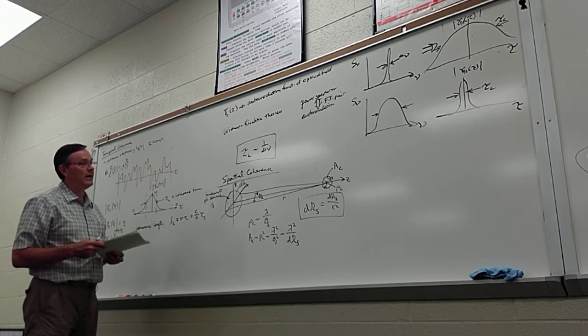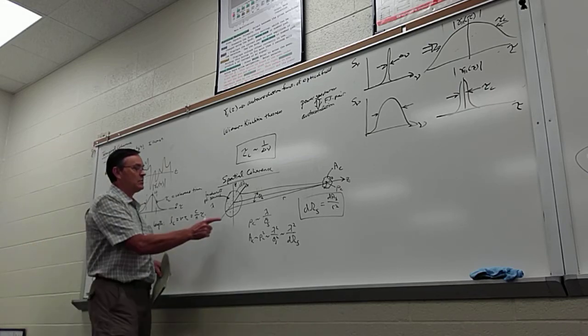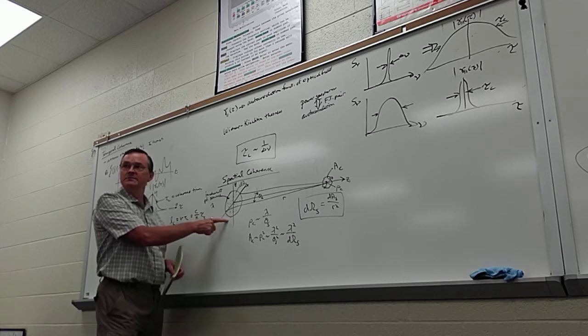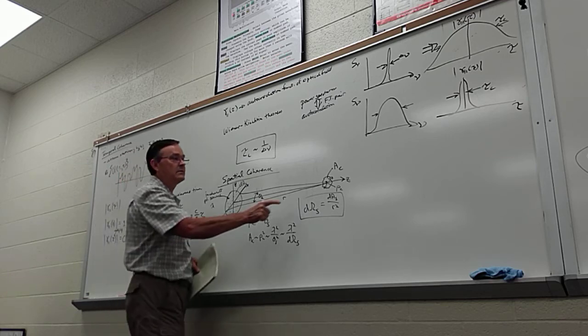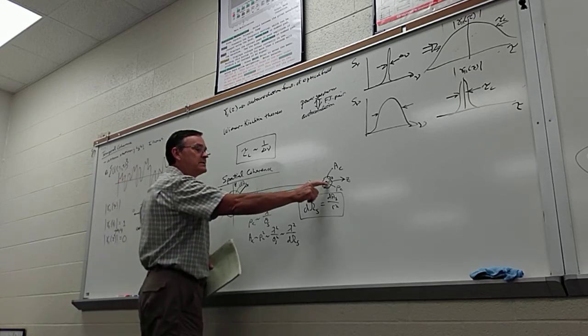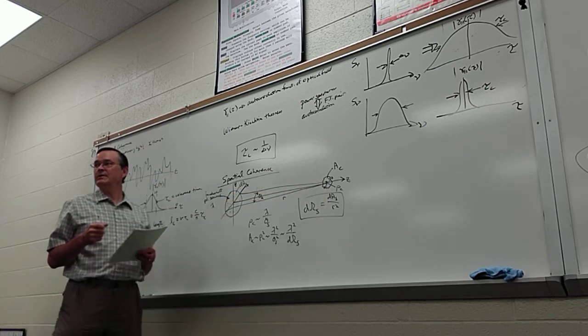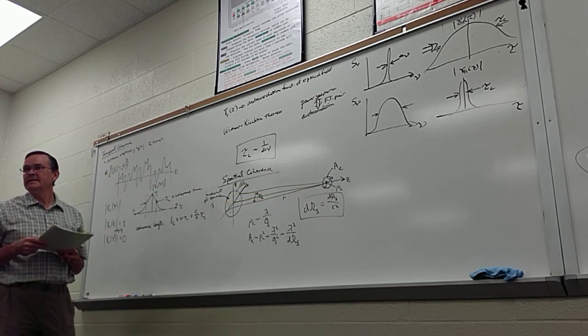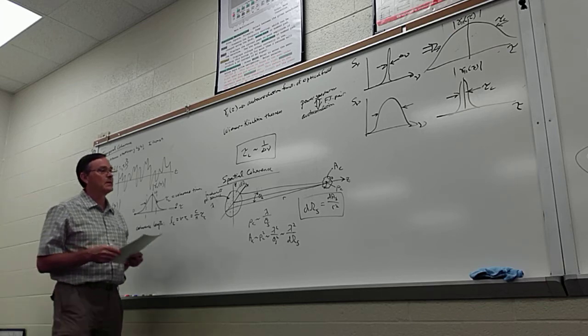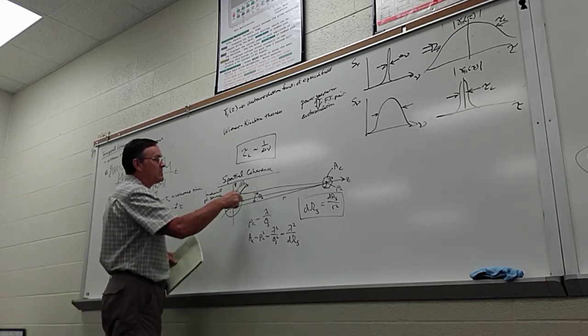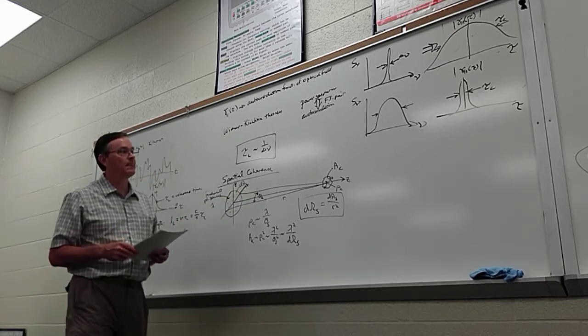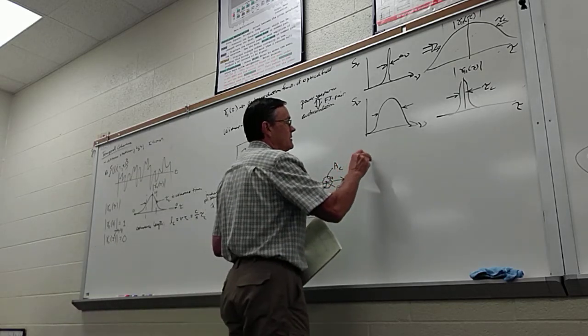Okay, so let's say that this source was the sun, and over here, this is us on the surface of the Earth. Then in that case, this angular size of the source is about half a degree.